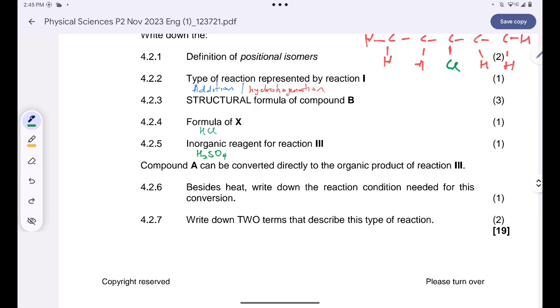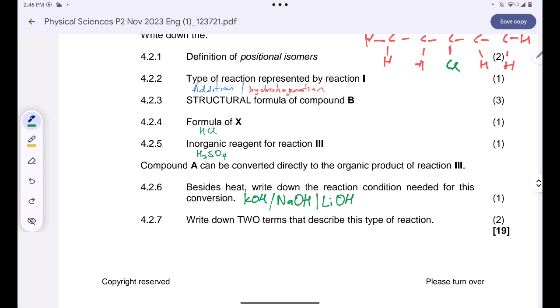So it can be KOH, potassium hydroxide, or sodium hydroxide, or lithium hydroxide. Any of the three, but they have to be concentrated.